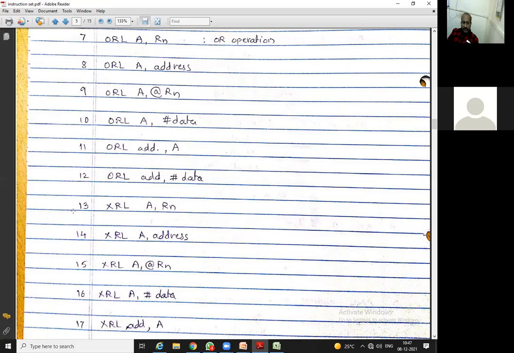For an XOR gate, if I give the input 0 0, whether the output is 0 or 1? So the correct answer is 0. And if the input is 0 and 1, then the output will be 1.